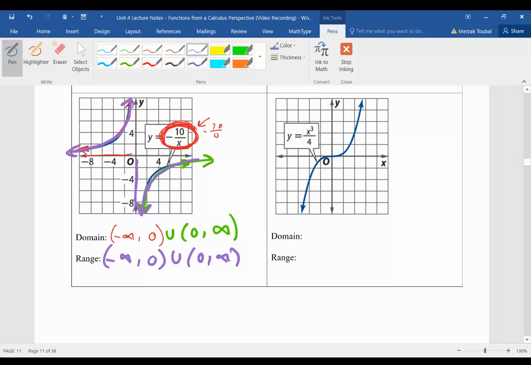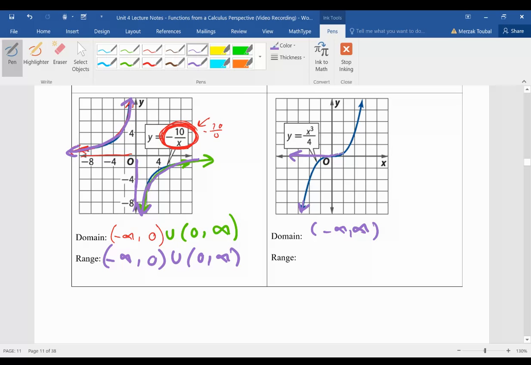Next curve, which is the last one, the domain goes from negative infinity to positive infinity. Why? As you see, the curve extends down at the same time to the left. Where to the left? To negative infinity.